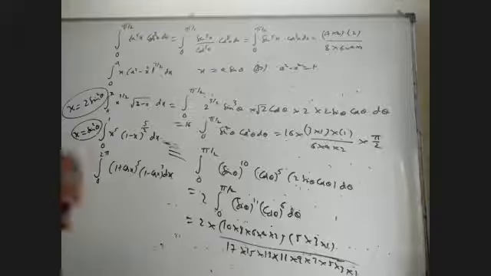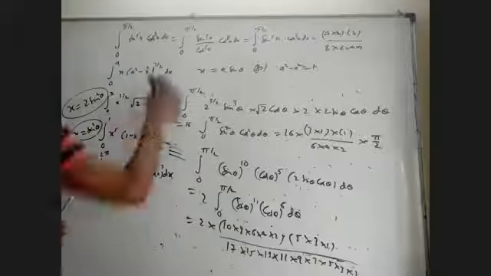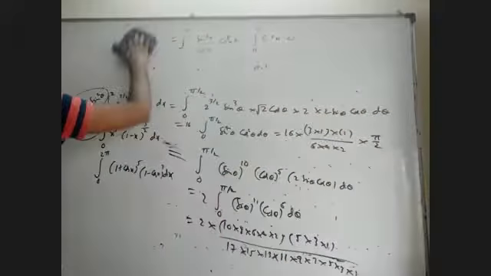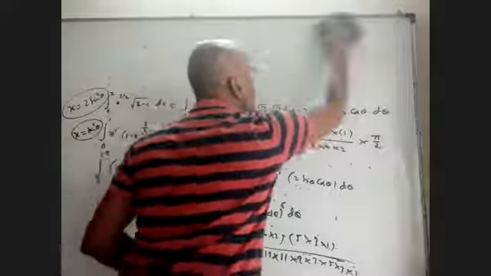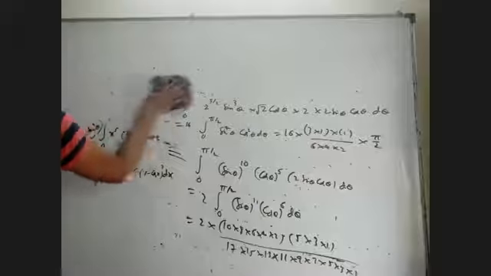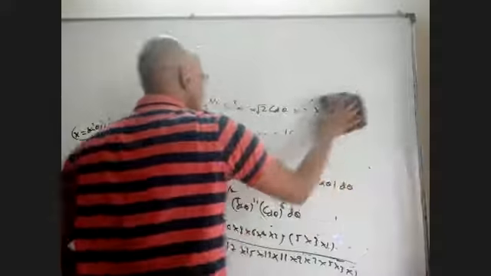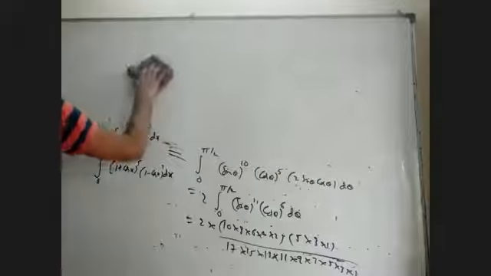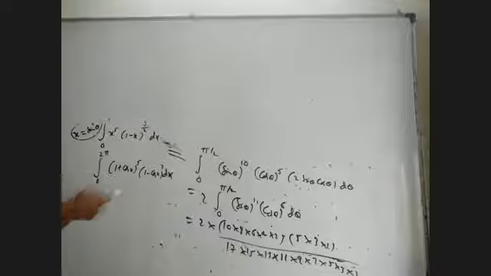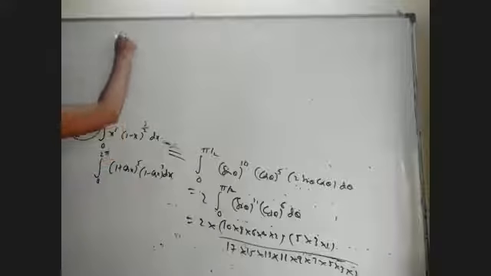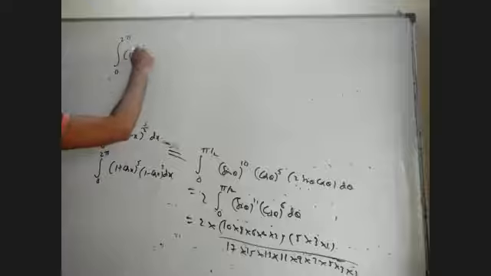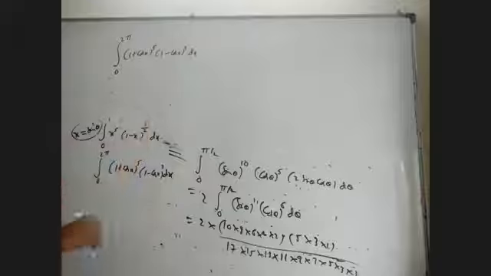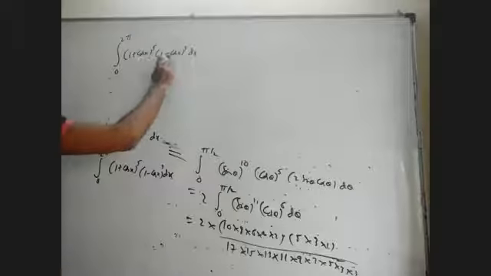Okay, still we are left with this question here. Integral 0 to 2 pi, 1 plus cos x whole power 5, 1 minus cos x whole cube dx. 1 plus cos x, you can write as 2 cos square x by 2, and 1 minus cos x as 2 sin square x by 2.